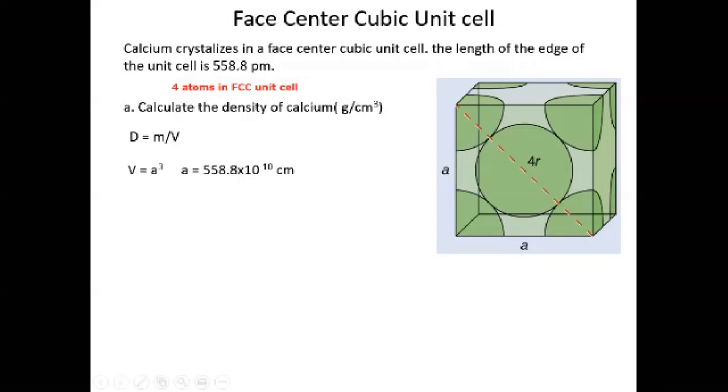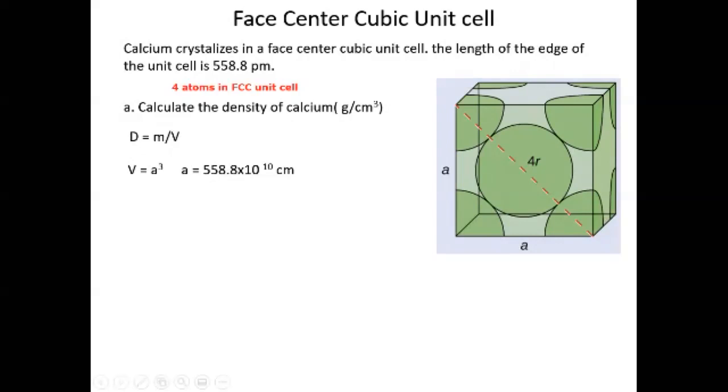So the volume is just A cubed, because again, it's a cube. We convert the A-axis from picometers to centimeters. Just double check that. And that's actually not the right value.